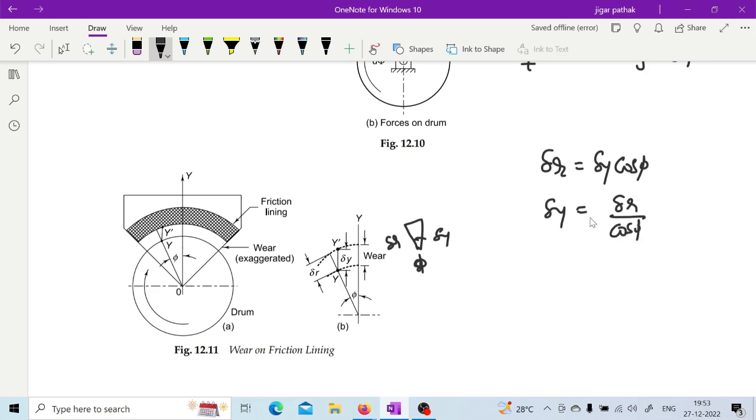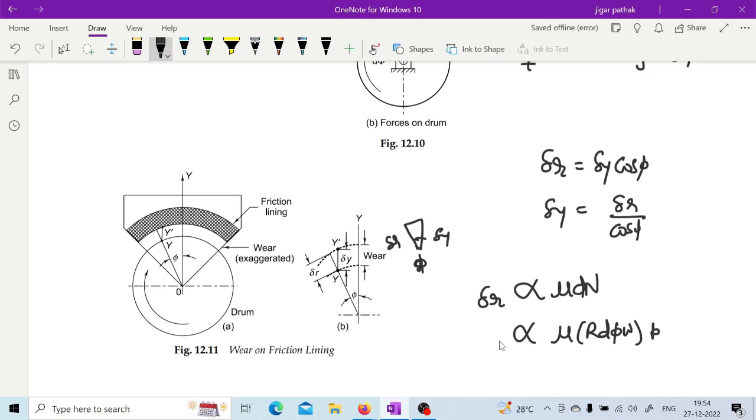So delta y and delta r is actually the amount of wear. Delta r is across the radial direction, delta y is this vertical wear. So it is having this relation between them. Now this delta r, which is the wear along the radial direction, is proportional to this particular force mu dN. If you further elaborate on this, then this dN we have defined as r d phi into w, which is area, into this pressure.